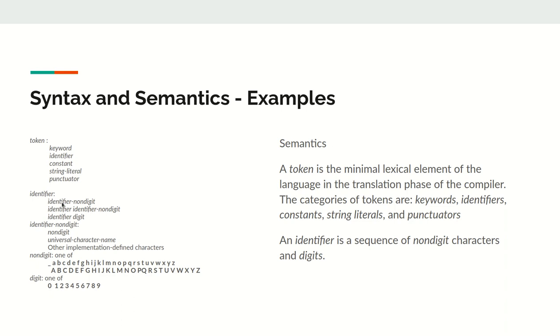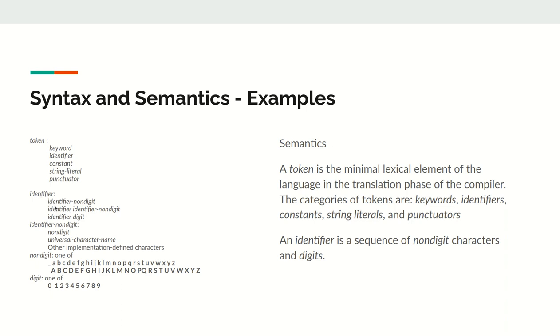Either identifier-nondigit or identifier digit can recur any number of times. That's why identifier is mentioned here. So in the definition of the identifier, one of the options is identifier itself, then identifier-nondigit, which is another non-terminal, and identifier itself followed by a digit. So this is the definition of the identifier non-terminal.